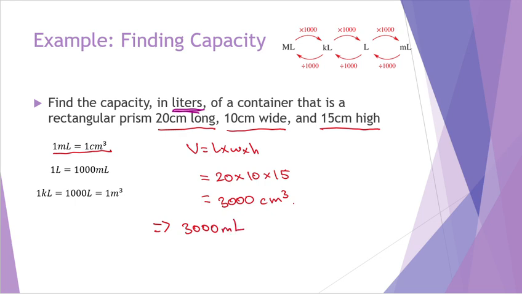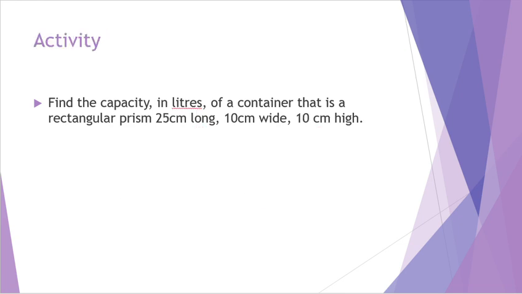But the question's asking for liters. So to convert 3,000 milliliters into liters, I must now divide by 1,000. Okay? That's just based off the flowchart here. If I do that, I end up with 3 liters. And that's pretty much the final answer. So it's not as complicated as you may think.